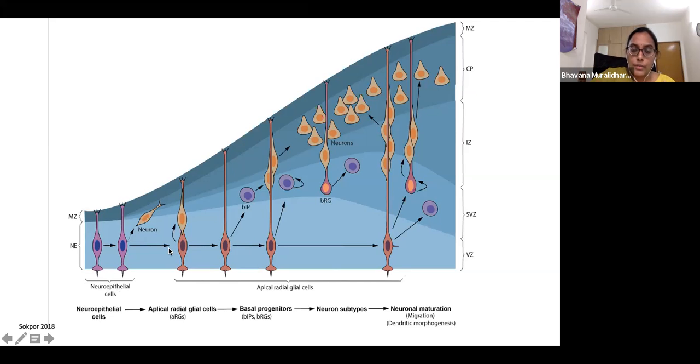mouse neocortex. So at the start of 10.5, neurogenesis, or the formation of the 6 layers of the neocortex, starts perhaps at the border between 10.5 and 11.5 in the mouse brain.